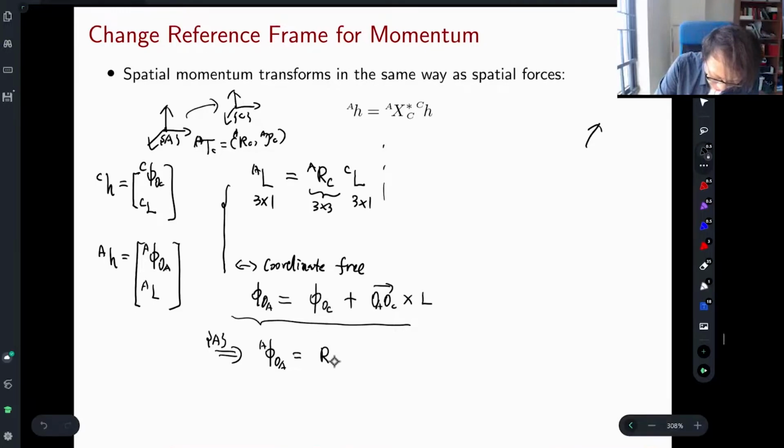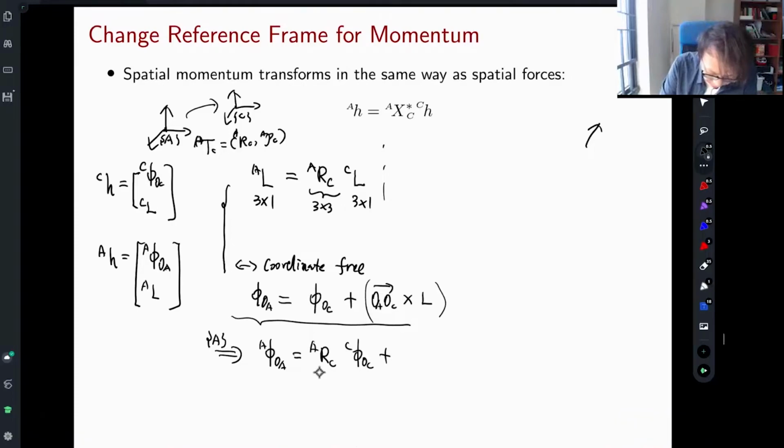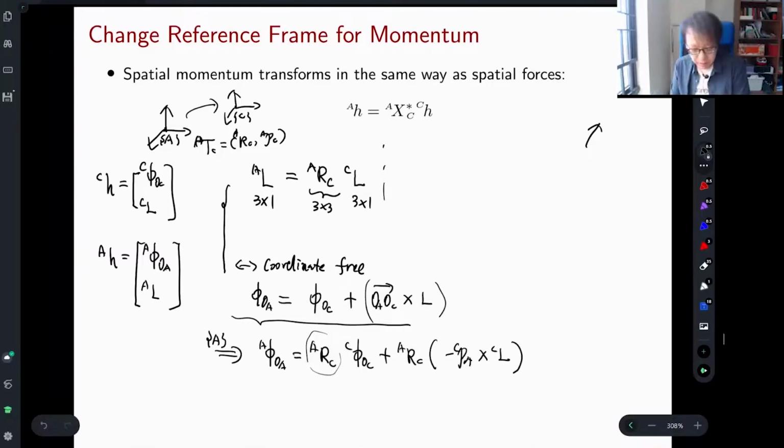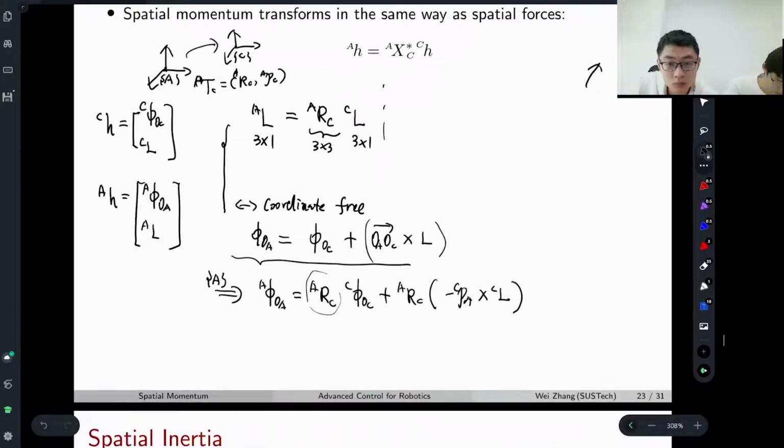From C to A, phi of OC in C times this will give me this in A, plus the whole thing in A. I want to have the same factor here, so I say RCA times the whole thing expressed in C, which is actually negative PAC cross LC.